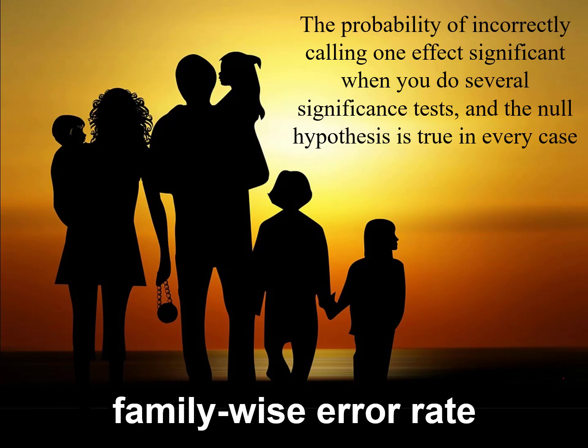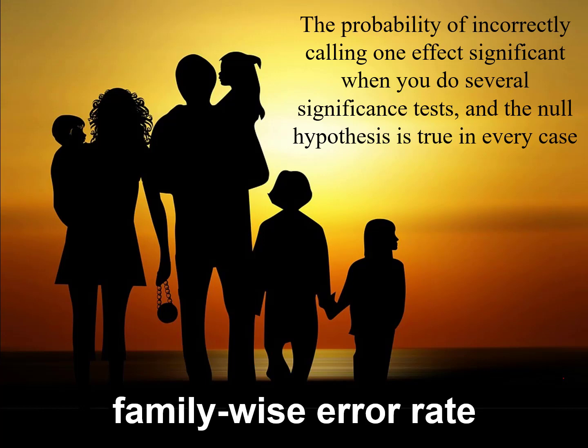Now, consider this. What happens if I do more than one significance test, and the null hypothesis is true for everything I am testing? For example, what if I do 5 significance tests and test 5 different effects? If the null hypothesis is true for every test, what is the probability that I will mistakenly call one of those tests significant?